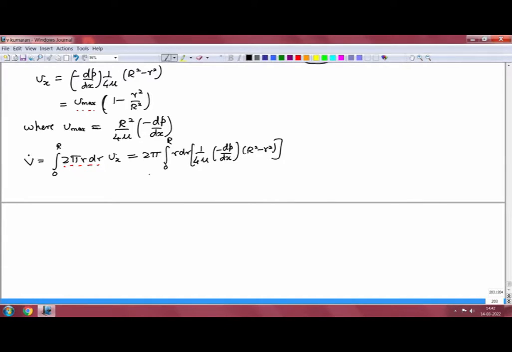You can see that I can take this first term outside because it is all a constant, and the equation will be equal to pi by 2 mu integral 0 to R dr into R square minus r square, into, I am sorry, I have not got the dp dx out.